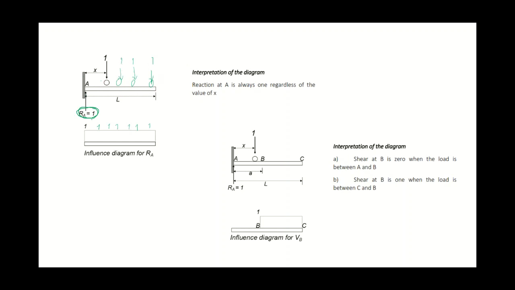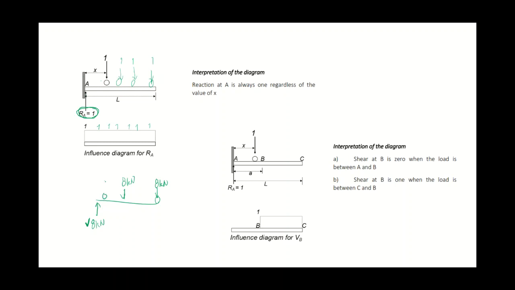Ibig sabihin kasi nito, no, na at any point, kahit nasaan yung moving load nyo, kahit nasan siya, 1 lang ang value ng RA, which is actually true kasi diba, kung ito yung beam mo, andito yung 8 kN na load, ang reaction mo sa fixed support is 8. Pero kung yung 8 mo is nandito sa free end, ang vertical reaction mo is still 8, diba?